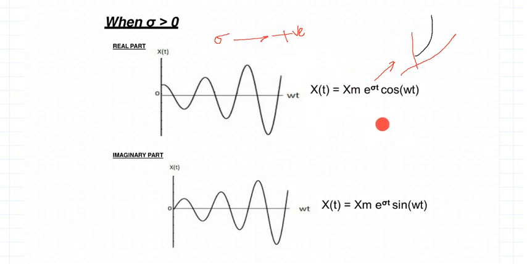Why? Because they are getting multiplied with an exponential term which is continuously increasing with respect to time, and you get a signal x(t) wherein both the cosine and sine waves continuously keep on increasing.